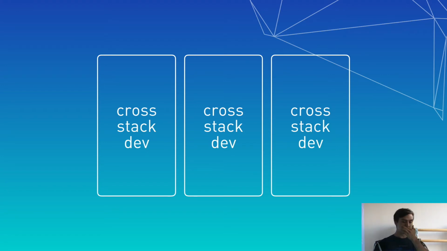The term cross-stack developer came up; I heard it first at ReactConf 2016. So I didn't make it up. Somebody else did. I forgot who it was. Basically it means the dev is working on all parts of the system.